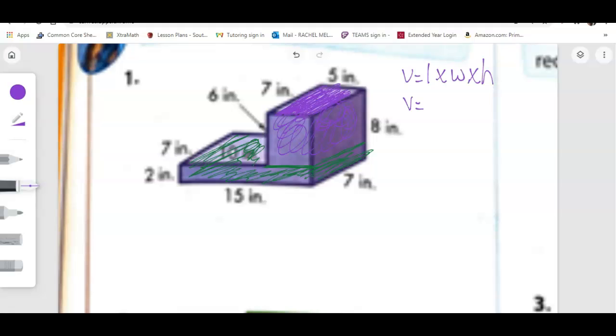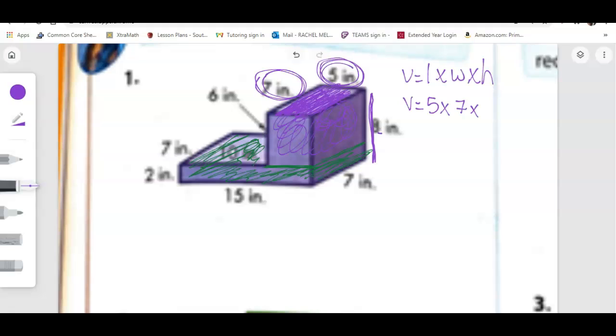So looking at this purple, I'm going to look up here at this shape right here. This is the base of the shape, right? Because remember, the top is the same as the bottom. So the length is right here, 5 inches. And the width is here, which is 7 inches. Now it's where the height is that is a little confusing. This 8 inches that's right here, that's for this whole entire side.